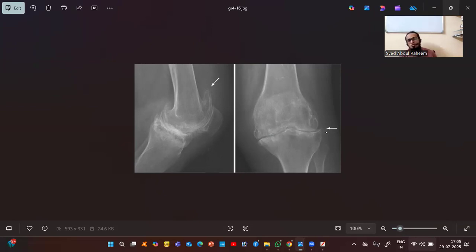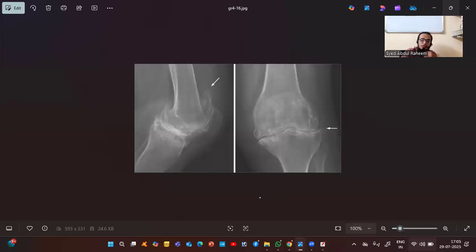After that you have osteopenia, with reduced bone density, and the synovial fluid is also reduced. And the patient has swelling, pain, and morning stiffness. All this you can see in this patient.